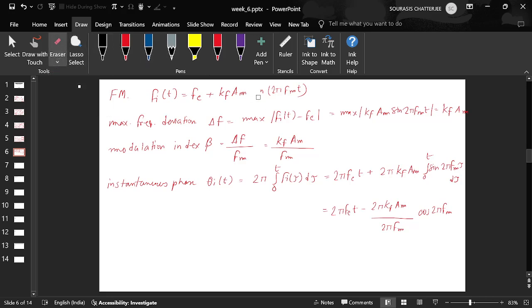So if we consider the sinusoid signal as cos, there is not going to be any negative sign, plus you have sine here, sine 2 pi fm tau from 0 to t.